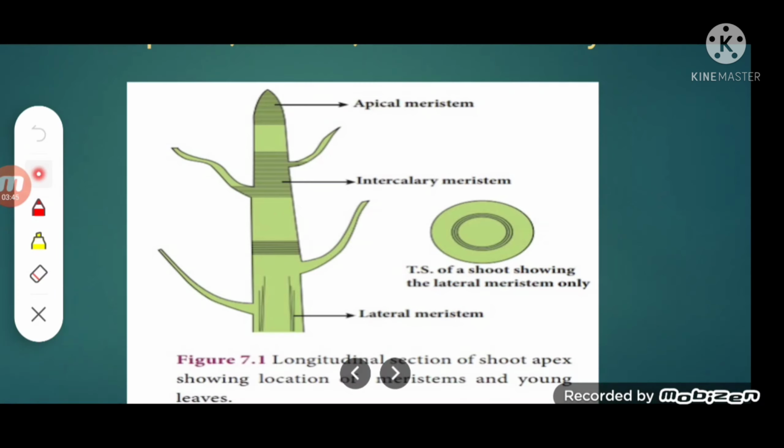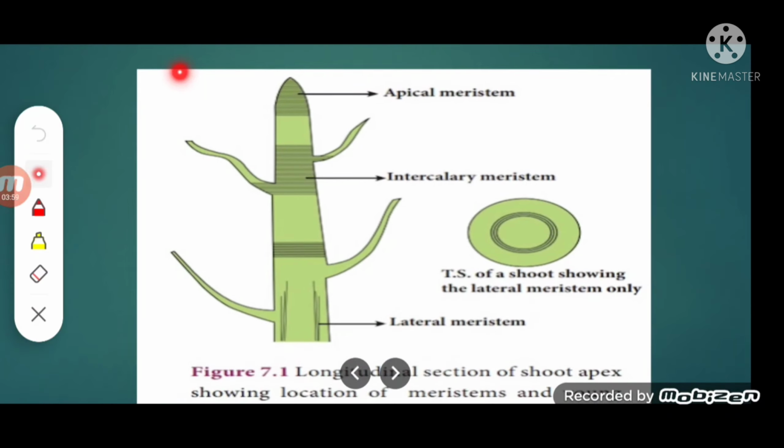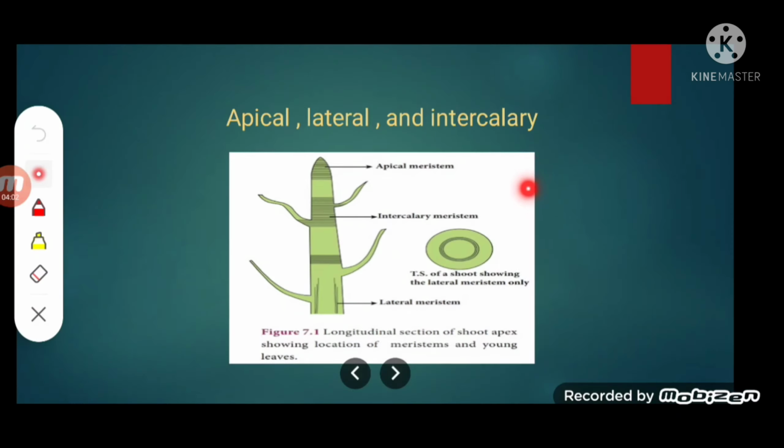And lateral meristem, see, is located just beneath the layer of cork. They will be located in these regions and help in growth in thickness of the tree. So these are the functions of apical, lateral and intercalary meristematic tissues. Hope you all have understood this very well.